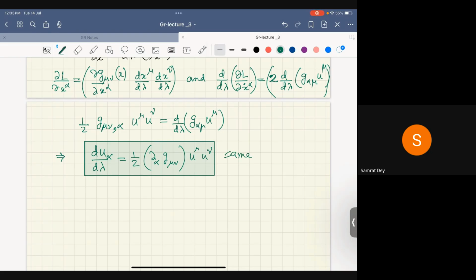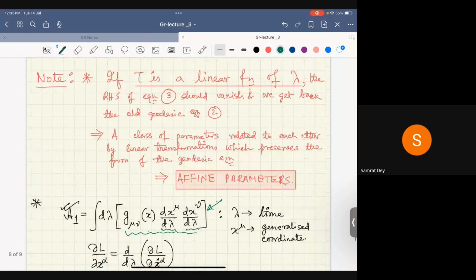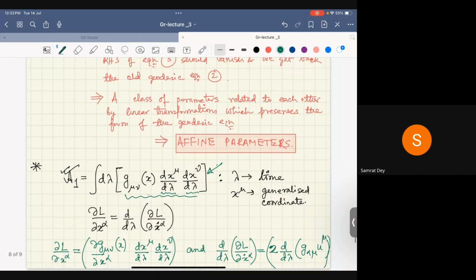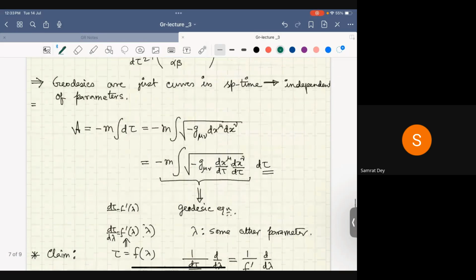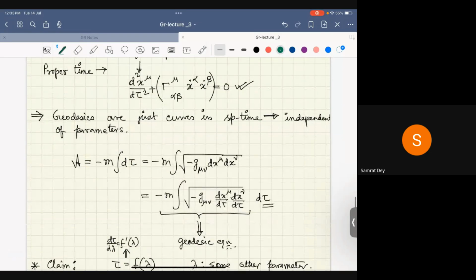Same as equation 1. Only thing is that the parameter has been changed and the form of the Lagrangian also has been changed. There is no square root sitting here. Earlier our action was square root of this thing.